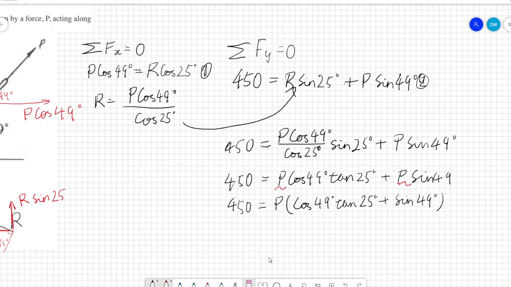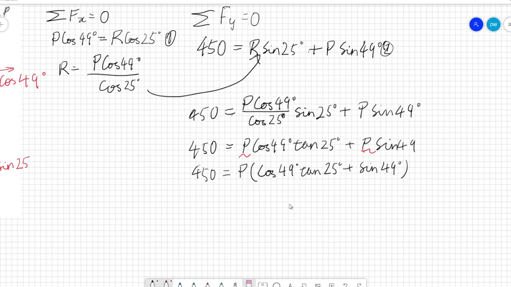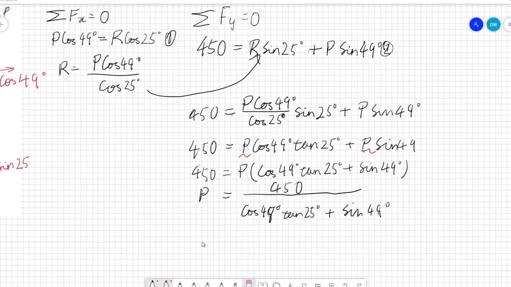Then we divide both sides by this, so P equals 450 divided by cosine 49 degrees tangent 25 degrees plus sine 49 degrees.